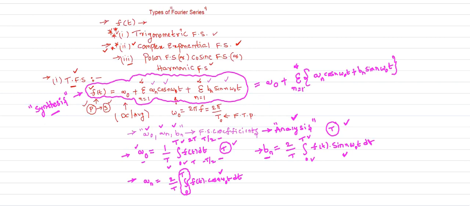Sigma n equal to 1 to infinity, because for both the cosine and sine functions the summation limits are n equal to 1 to infinity. Therefore you can club these two equations, and this representation is also correct. So this is about the trigonometric Fourier series representation. You have to remember this equation, which is very important: the synthesis equation.